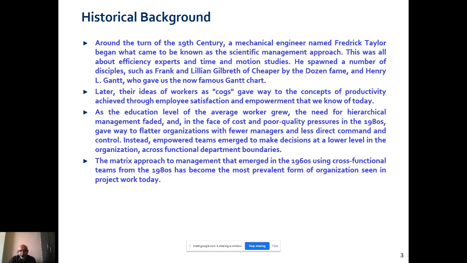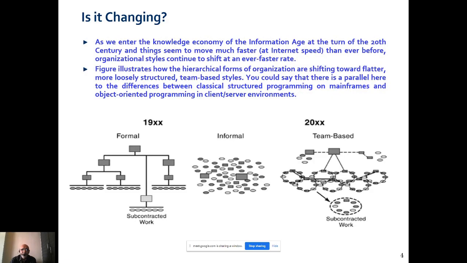But the matrix approach emerged in 1960, which grew the cross-functional teams, that is, from various domains and disciplines. Even today you can see these cross-functional teams. How these project structures go about, we will look at that.